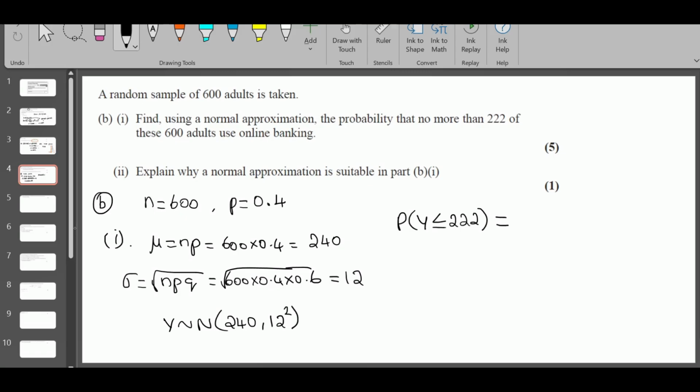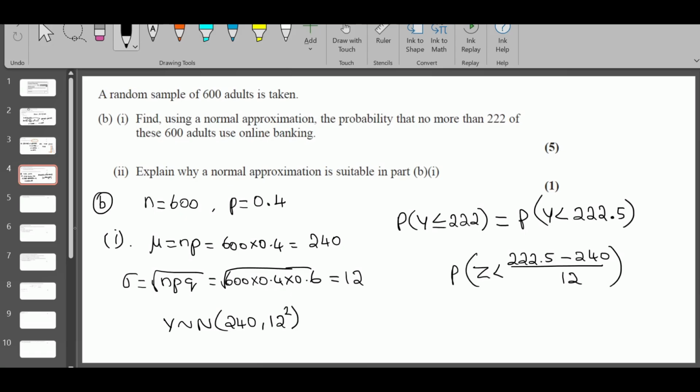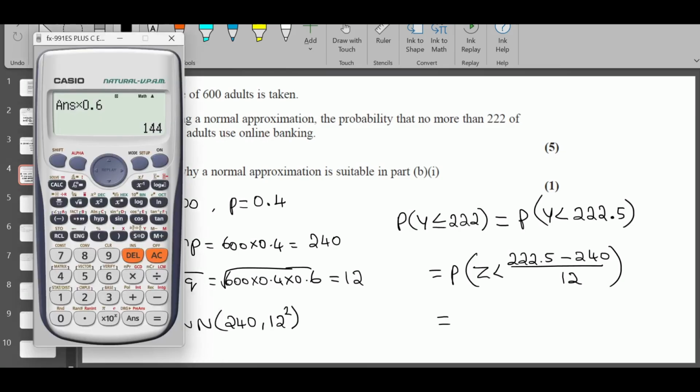Now we need to apply continuity correction. This is the same as Y less than 222.5, and then standardize the normal distribution. Z is less than 222.5 minus mu over sigma, and then using the method we learned in S1, you need to get the value of this using the normal distribution table. First let's calculate this.